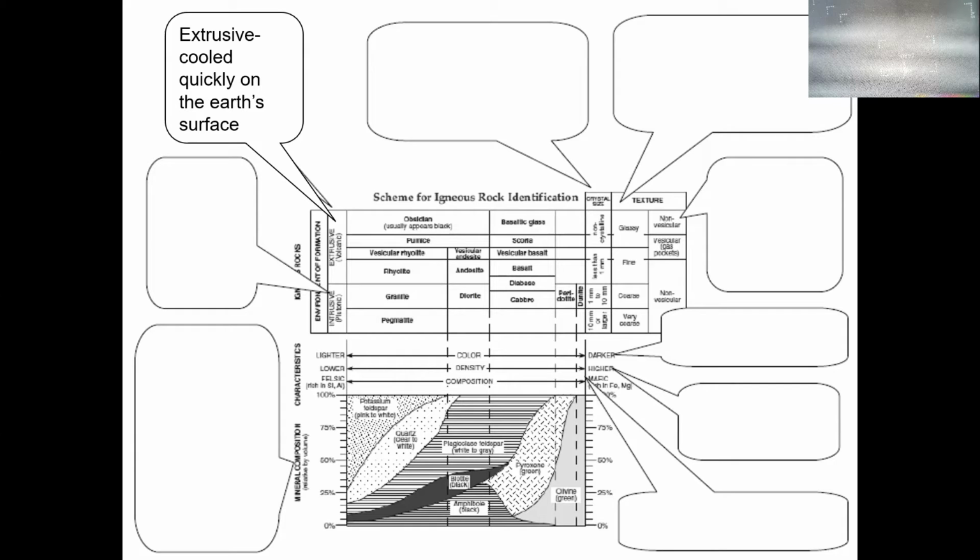Vesicular. Vesicular andesite. Andesite. Yep. Basaltic glass. Want me to read the rest of them? Scoria, vesicular basalt, and basalt.